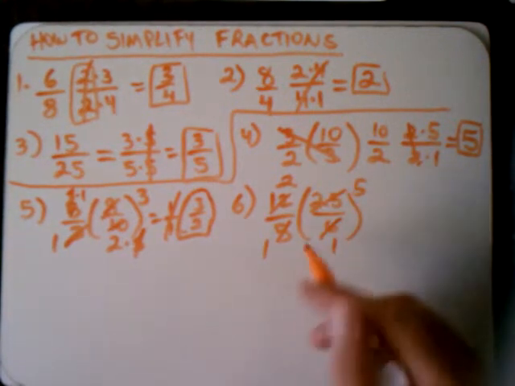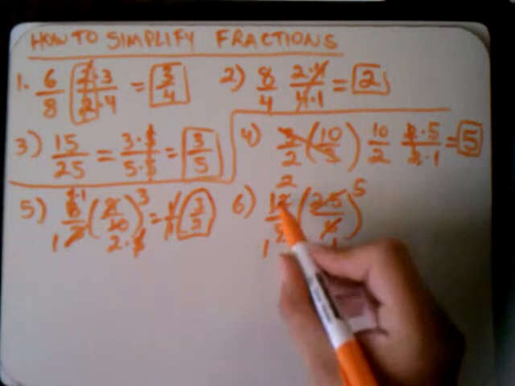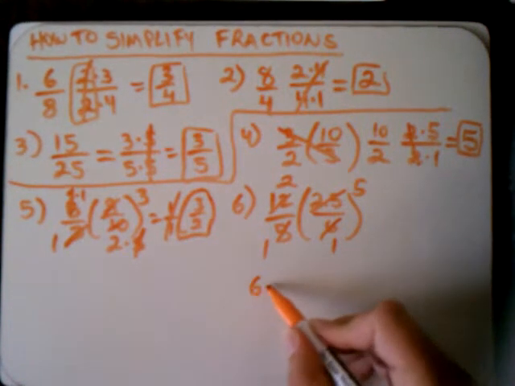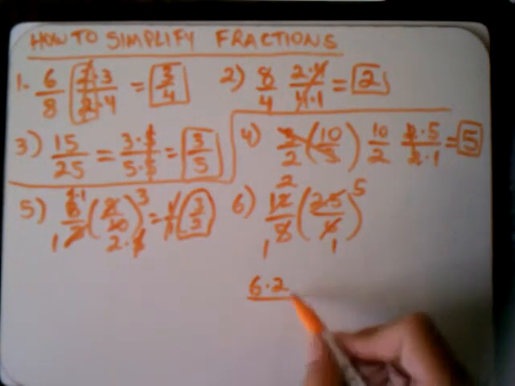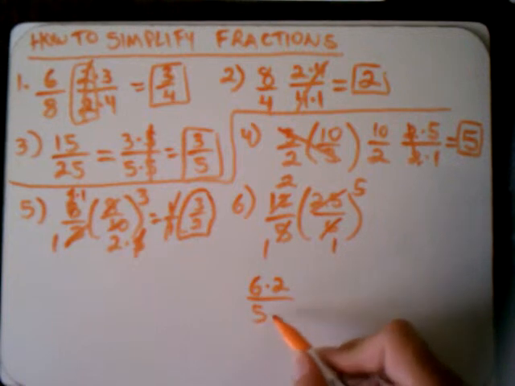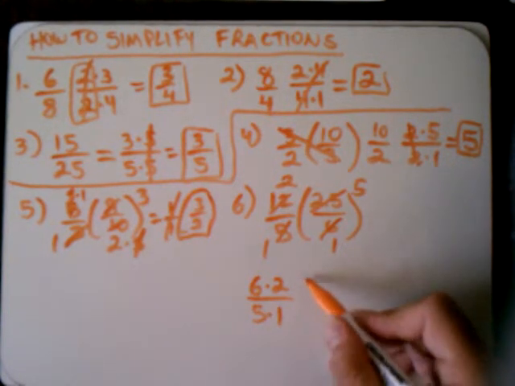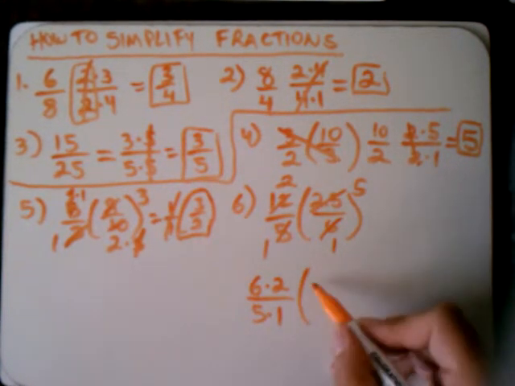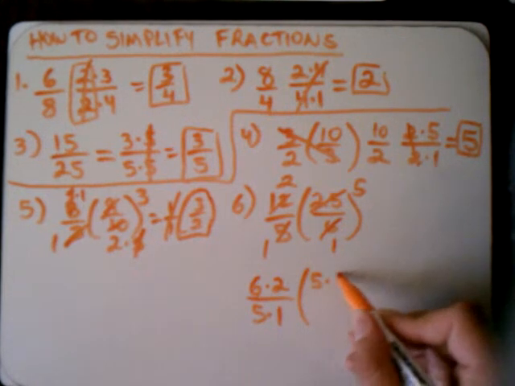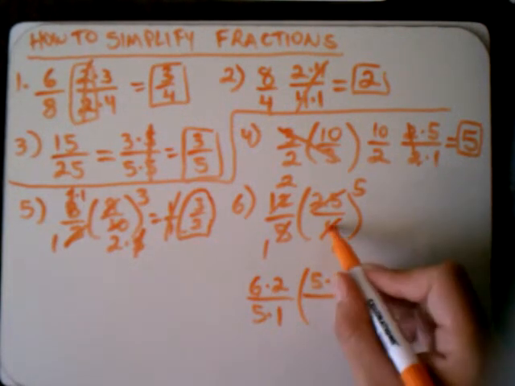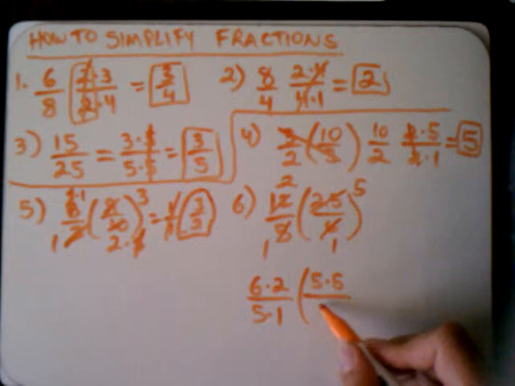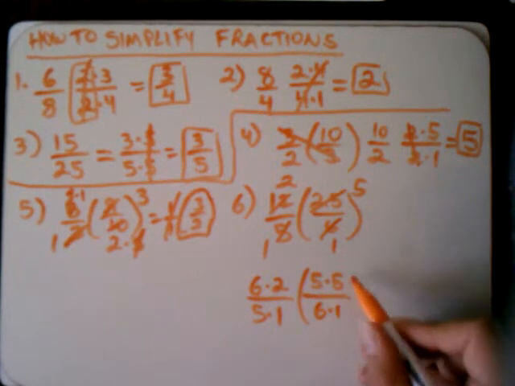If you don't know what I'm talking about, 12 is the same thing as 6 times 2. The bottom one, you have 5 times 1. On the other side, 25 is 5 times 5. And this 6 is 6 times 1.